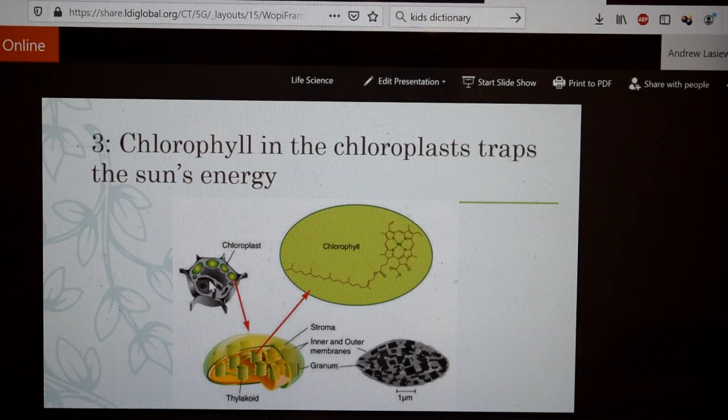So here's an example of a cell. The little green dots are the chloroplast. So the rest of this is the chlorophyll. It's enlarged there. And down here, this is the actual chlorophyll. We don't need to know the minutiae of that, but we do need to know that inside the chloroplast, the chlorophyll traps the sun's energy and makes it into those sugars.